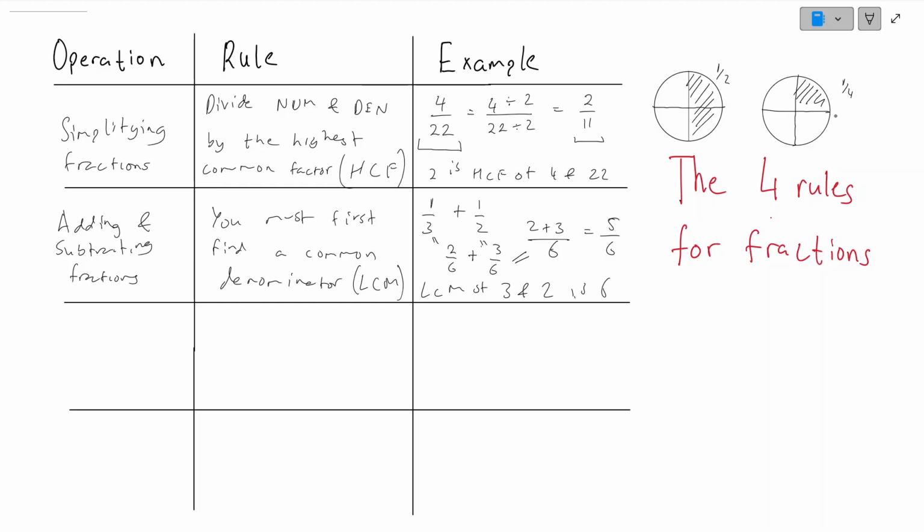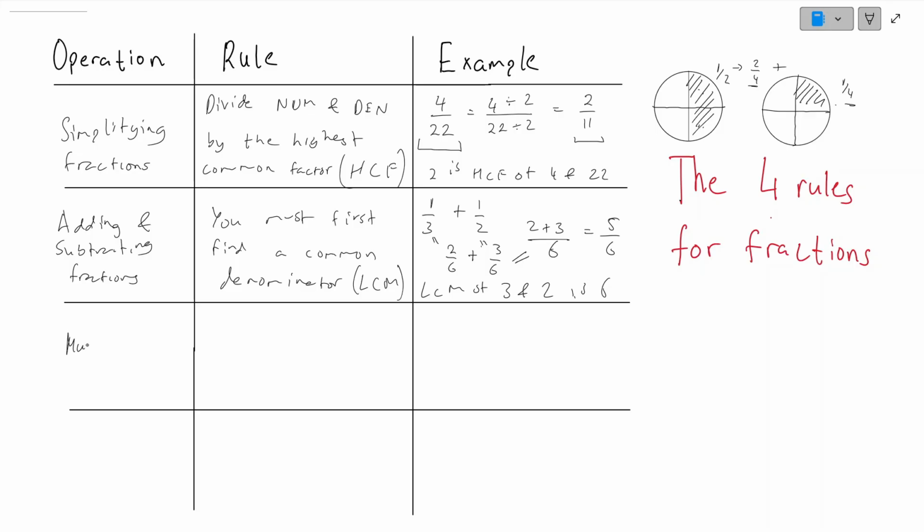Because now you have the same size of pieces, which is when you can now add them up. So that a half, you will make it 2 over 4, because that's the same thing. Now you have the same number of pieces, 4, denominator is the same. And then you can add them up to get 3 over 4, because you have 3 pieces out of the 4 total pieces in one pizza.